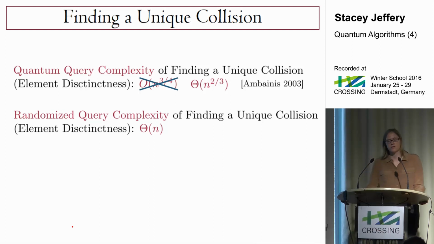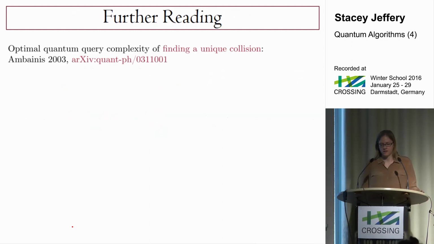To get this n to the 2/3, you have to use a technique that I'm not going to talk about, which is called quantum walk search algorithms. And I'll use that to segue into my next slide, which is further reading.